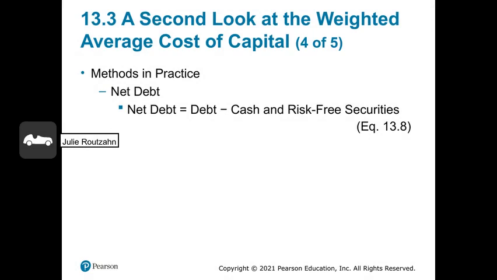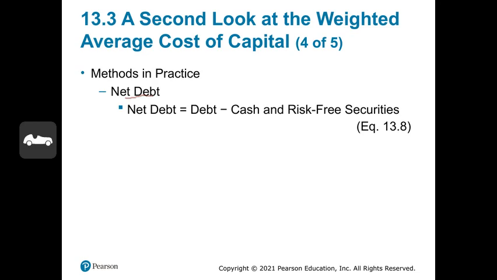There are a couple things that can complicate our use of the weighted average cost of capital. One of them is, in practice, this notion of net debt. When we were looking at our balance sheet, we were solely focused on the liability and stockholders' equity side of that balance sheet.